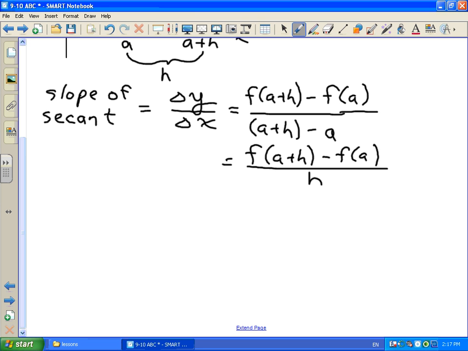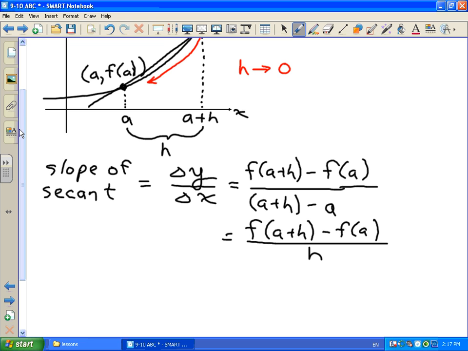And what we want to do is, as we move this second point closer and closer, we're letting h get smaller and smaller and smaller. So what this amounts to is taking the limit as h tends to 0.